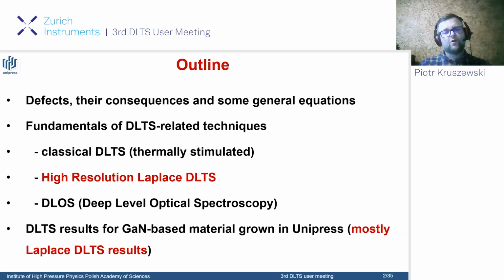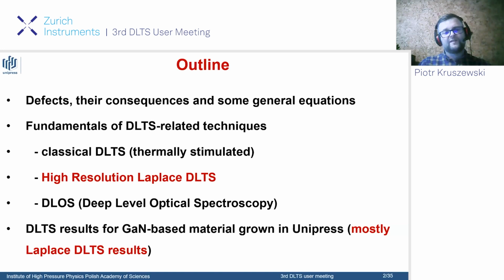Later, I will show you what is called deep-level optical spectroscopy. I will just mention it. This is especially important for wide bandgap materials because this process is optically stimulated. So in the part of the region of the bandgap which cannot be thermally scanned, we can use optical excitation.